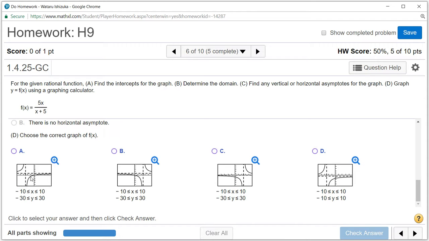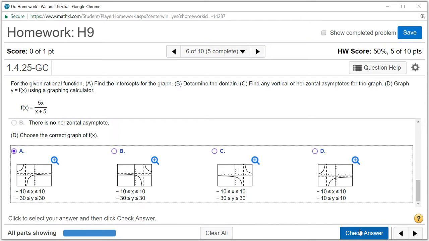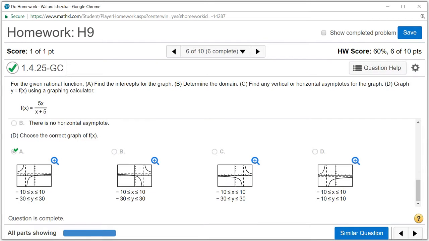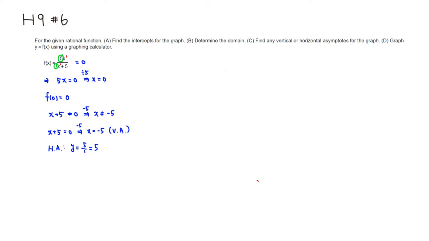So it's between A and D. Then the horizontal asymptote is y equals 5, so this is probably 5 here. Actually in D the horizontal asymptote is negative. So A is the only reasonable picture. Let's check the answer. We got that. That's it. I hope that this was clear.